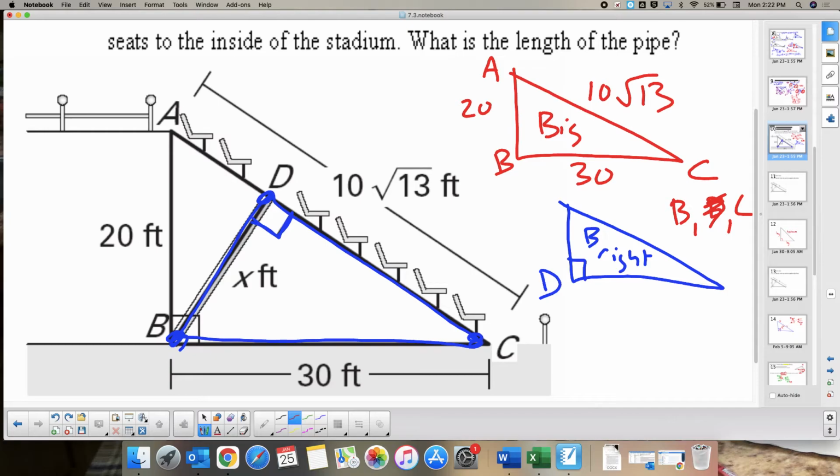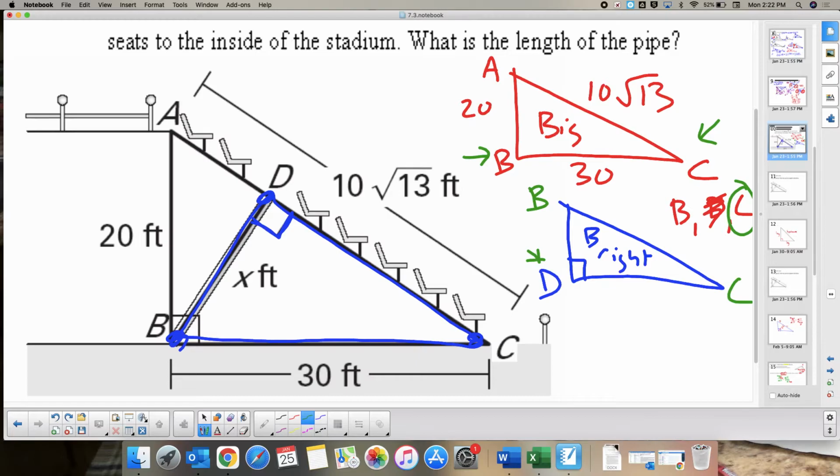That leaves us with B and C to choose from. If I look at my big triangle that I'm trying to match it with, B is my right angle. I can't put it there. So it is C that has to match. Since C is in the bottom right, C goes in the bottom right. That leaves B to go up here.